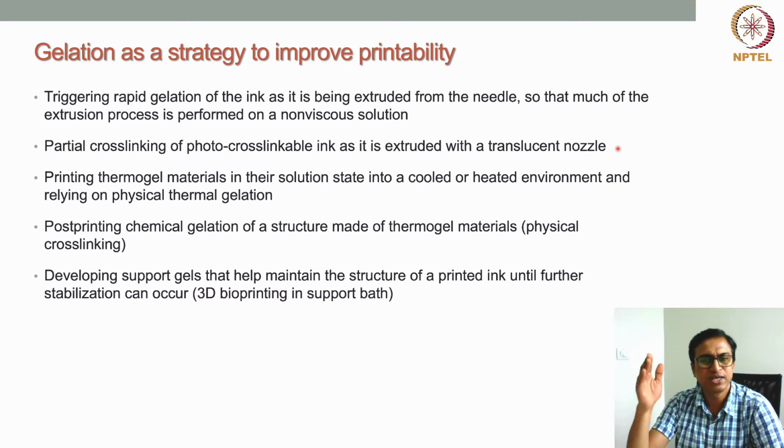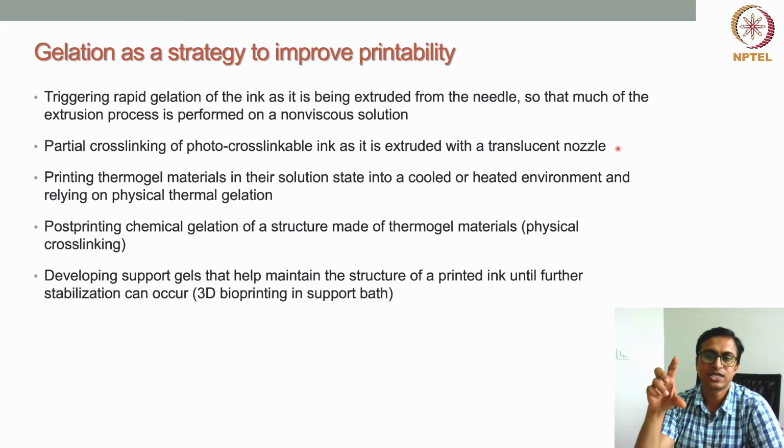There are some examples in the literature where people have tried this approach, where the photopolymers are extruded through a translucent nozzle. As the nozzle is translucent, the light can pass through it, and the cross-linking process can be initiated when the material is within the nozzle. So this is another way by which the printability can be improved.